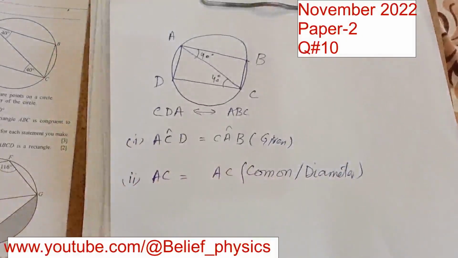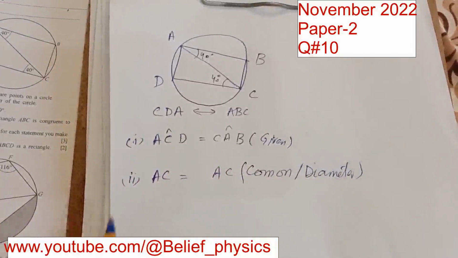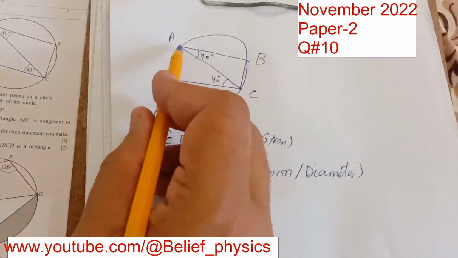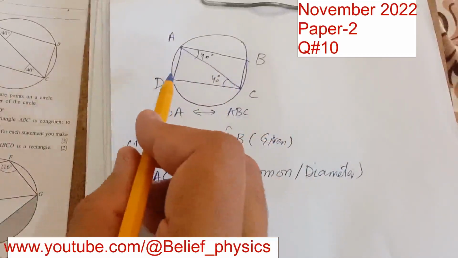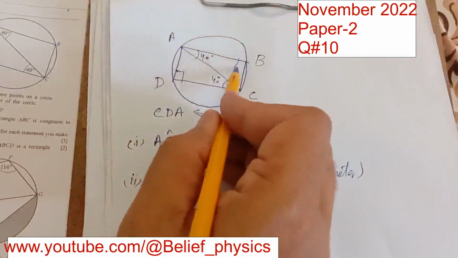Now, here this is the diameter, so the angle subtended by the diameter on the circumference is always 90 degrees, so this angle is 90 degrees. Again this angle ABC is also 90 degrees because this is also the same diameter.